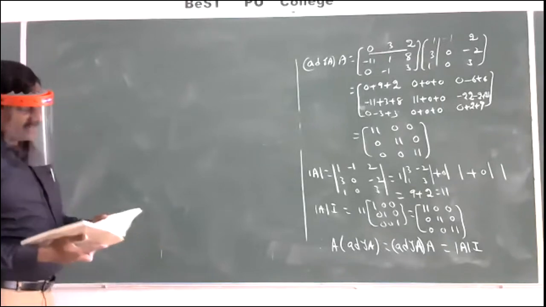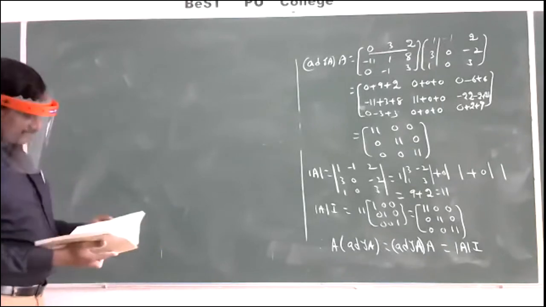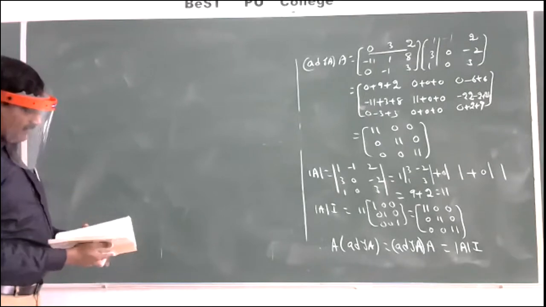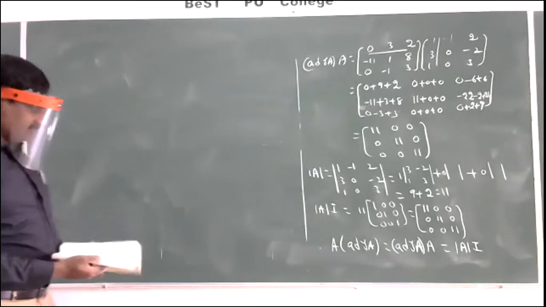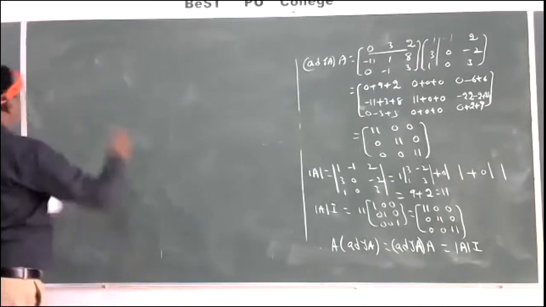For the next problem, find the inverse of each. For this, we need some definitions. Note down those definitions. What is meant by singular matrix and non-singular matrix? First one, singular matrix.